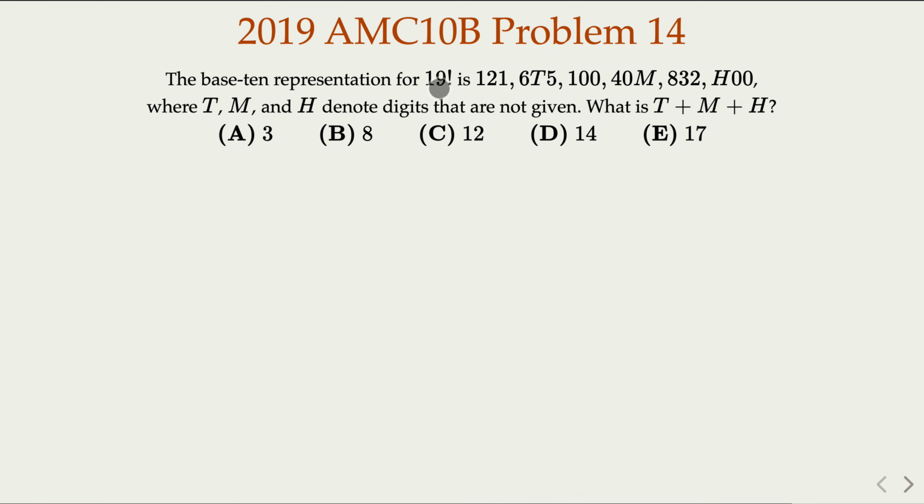Now this is another AMC problem, problem 14. Here we say that 19 factorial, which is the multiplication of 1, 2, 3 up to 19, is equal to a huge number. The digits T, M, and H are unknown, and we try to calculate T plus M plus H. First of all, 19 factorial is going to have a lot of zeros.